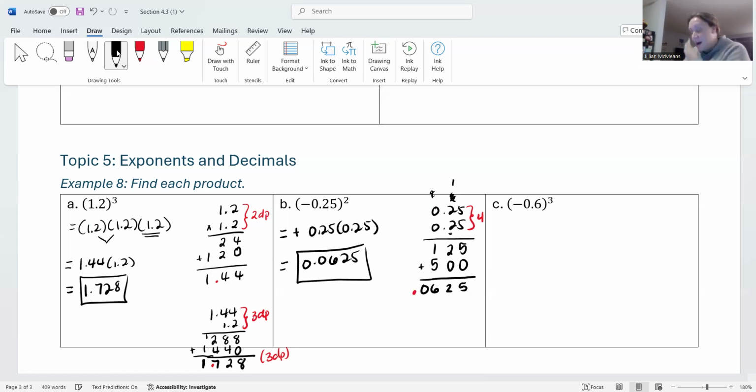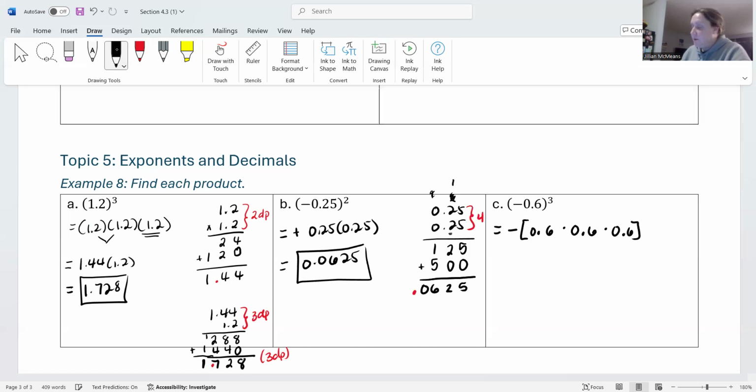Okay? Now, finally, for my last one, part C, we have negative 0.6 to the third power. So with an odd exponent and a negative inside parentheses, that tells me my final answer is going to be negative. And then it's going to be negative 0.6 times 0.6 times 0.6.